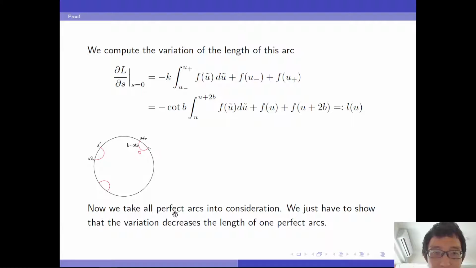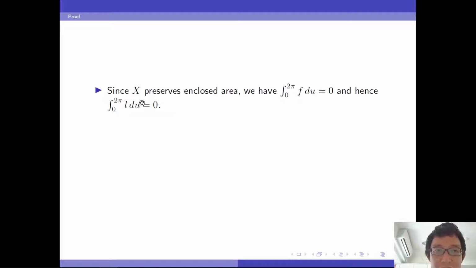Now we take all perfect arcs into consideration. The goal is to show that the variation decreases the length of one. We just need one perfect arc, and this suffices to show that the isoperimetric profile will go down. Therefore, we integrate this variation.